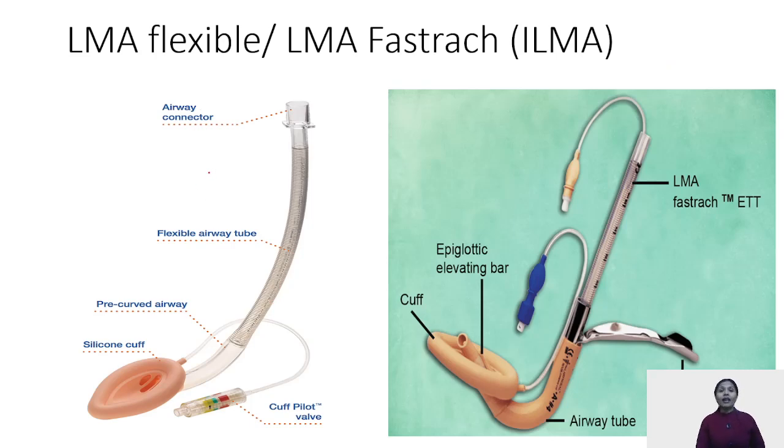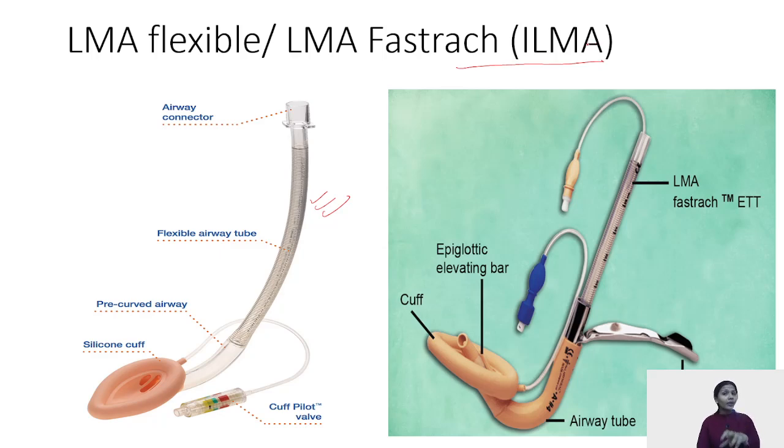Flexible LMA has a flexometallic tube, a wire reinforced airway tube. I hope you'll be able to recognize that this is a flexible LMA. Other than that, in difficult intubation cases, there is one more kind of LMA we use, that is LMA Fast Track or ILMA.